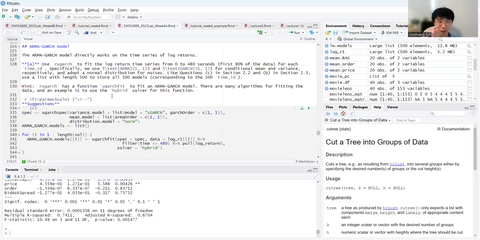And the third benchmark here is the ARMA-GARCH model. Instead of modeling the time series of the realized volatility, it models the time series of the log returns. Remember, realized volatility is computed from the log returns. So if we can simulate the dynamics of the future log returns, we can sum the squares of these log returns up and take the square root.